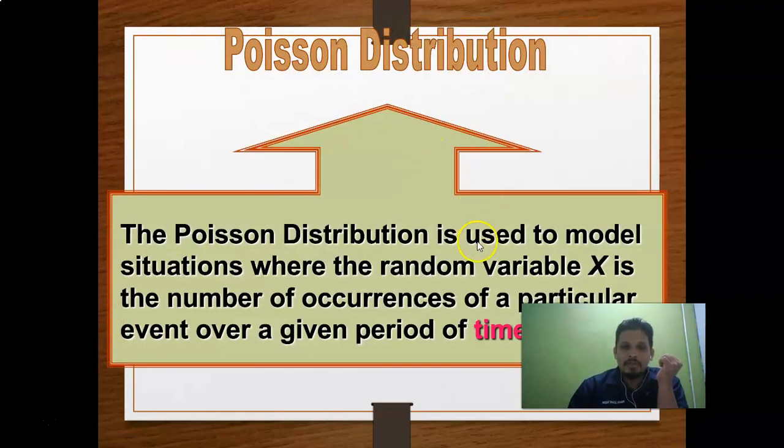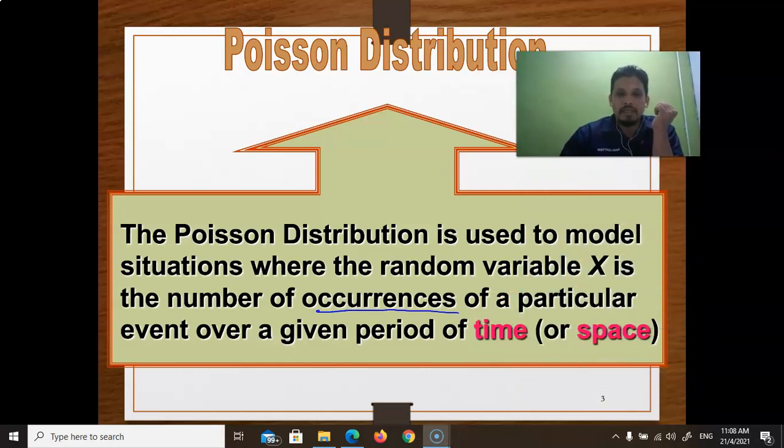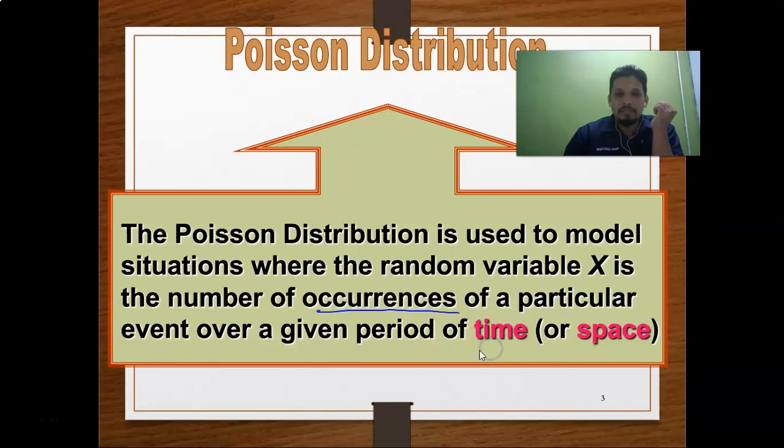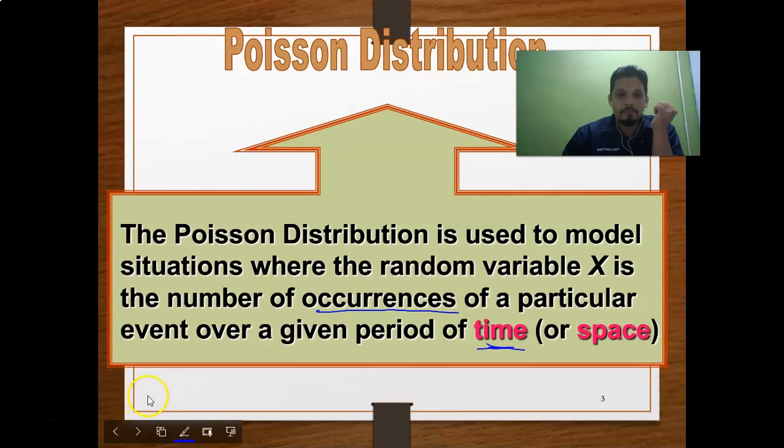So the Poisson is used to model situations where the random variable x is the number of occurrences of a particular event over a given period of time or space.